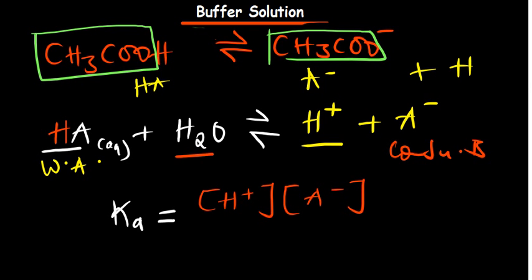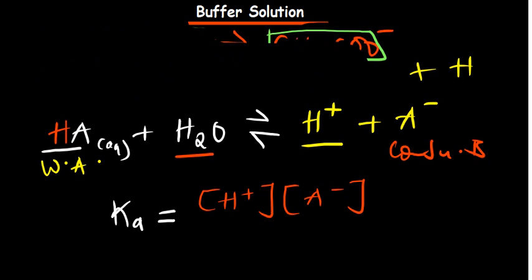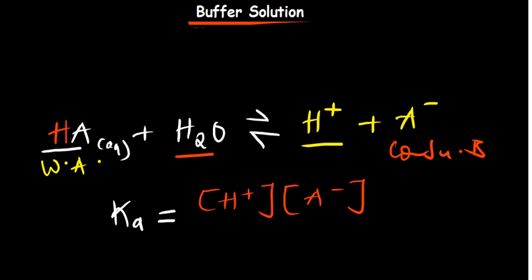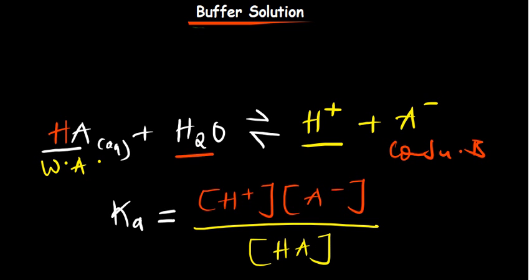I'm doing this to make it easier to follow. Then we divide by our reactant, the acid itself, which is HA.